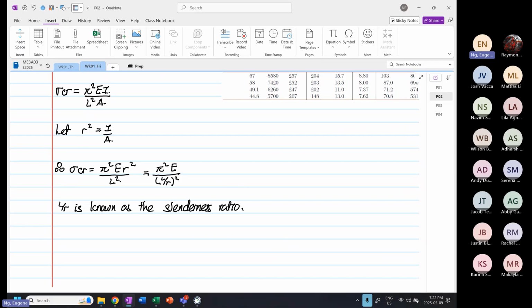So now let's look at how the L over R helps us determine when buckling will occur.